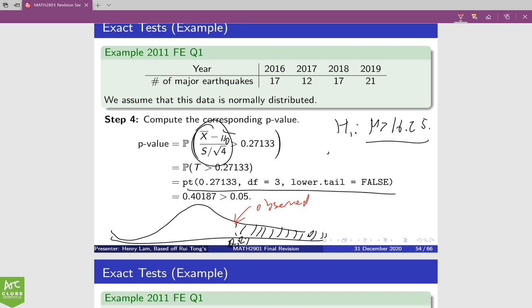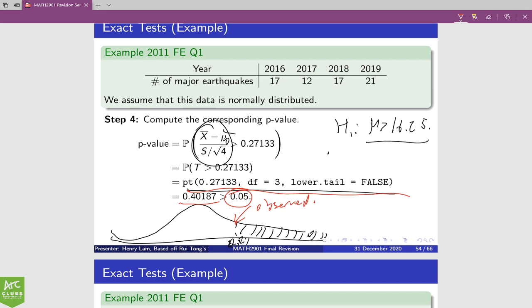If this is very small, then it's very unlikely to have occurred, and so we can reject the null. This is kind of just the R code, and it turns out that it's 0.4. Normally we assume a 5% acceptance level. Since this is clearly bigger than 5%, that means you can't reject the null.